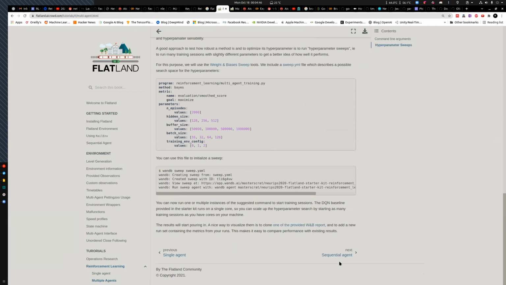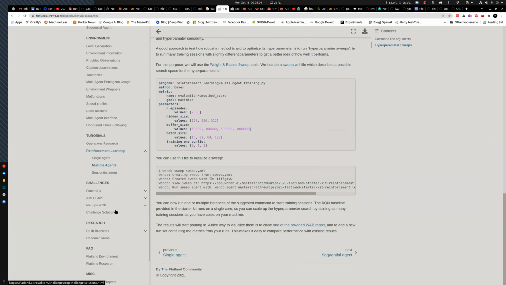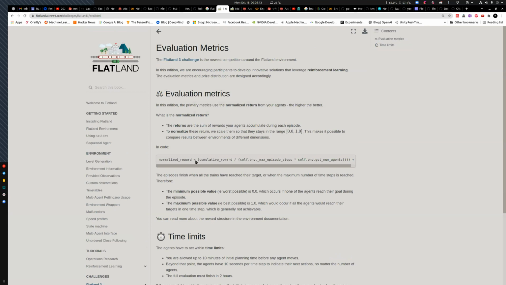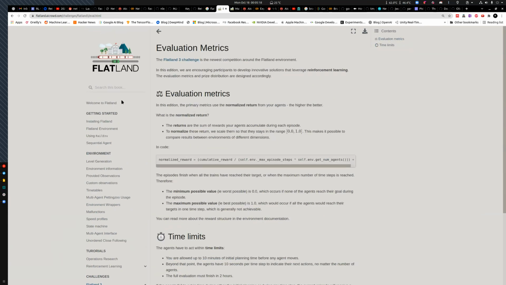So yeah, that's the challenge here, to solve it under a particular time and a particular score. I think they are maintaining the scores here. Yes, this is the evaluation metrics. This is the time limits, and there's a leaderboard too.